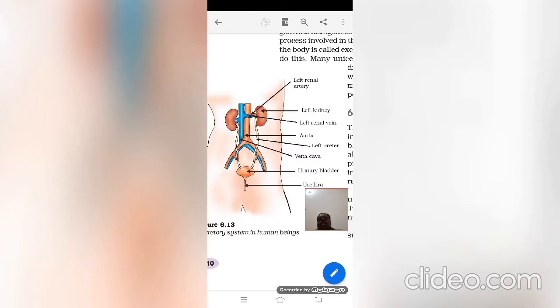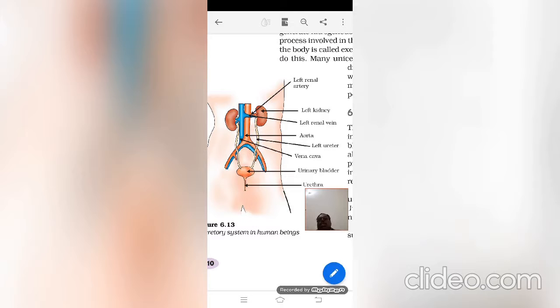There you can see two different colored structures, tubular vessels. One is labelled renal artery, another renal vein. The artery brings blood to the kidney, and the renal vein takes deoxygenated blood away from the kidney, because the kidney also needs oxygen for the survival of its tissues.